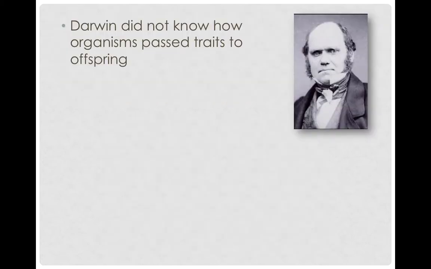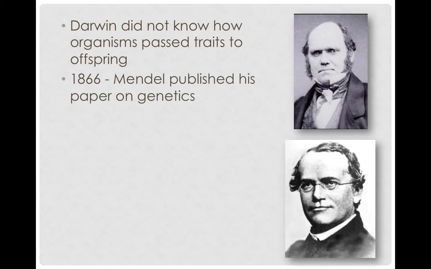We've talked about Darwin, we talked about him yesterday, and one thing that he didn't know was how organisms were able to pass their traits on to their offspring. This was something he was puzzling about and never really came up with an answer for. However, in 1866, Gregor Mendel, the monk that we've talked about before, published his first paper on genetics.